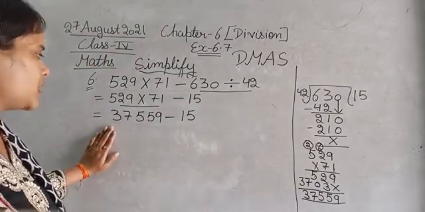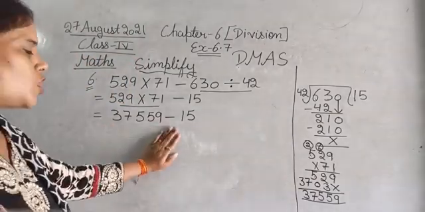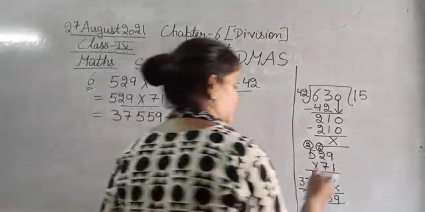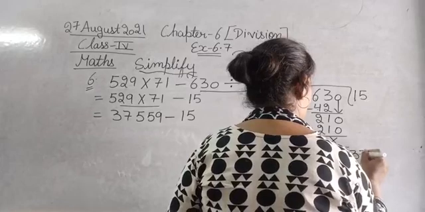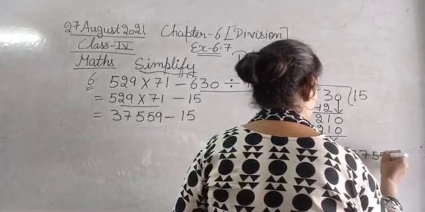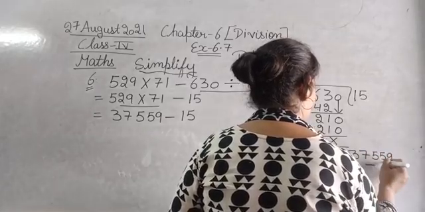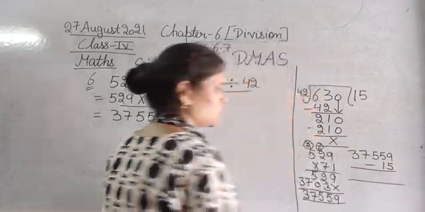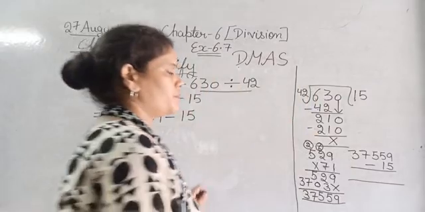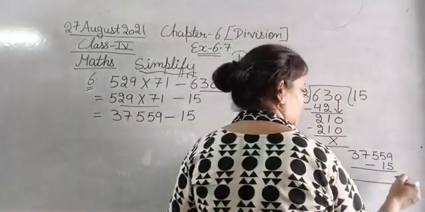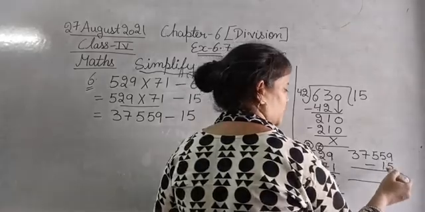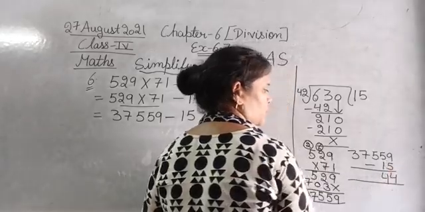So now we will subtract 15 from 37,559. So we will subtract 37,559 minus 15. 9 minus 5, 4. 5 minus 1, 4.